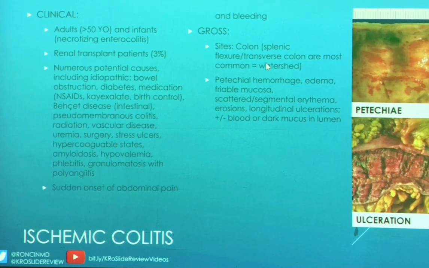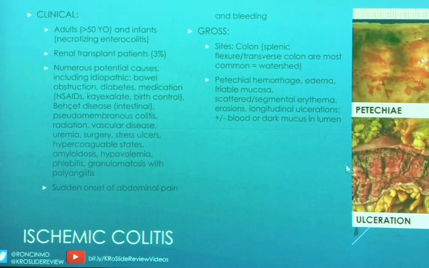So you have these areas in the colon and also in areas like the brain that have these watershed areas. So again, the petechial hemorrhage, it can be edematous, it can be really friable.